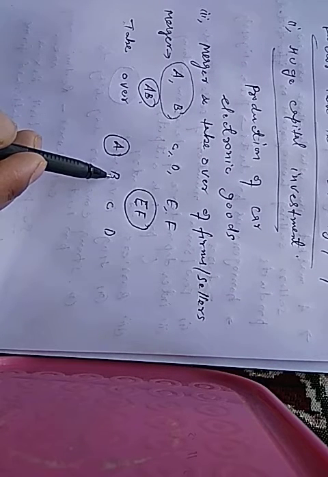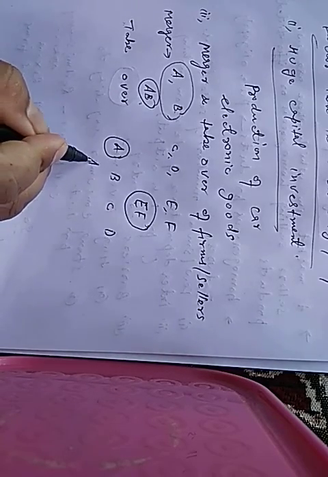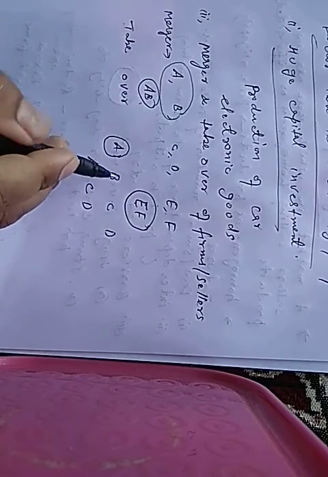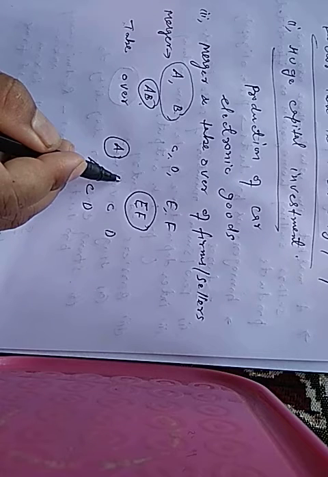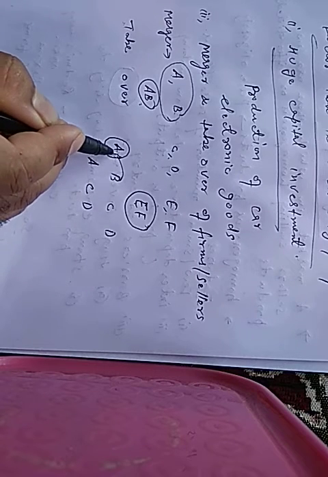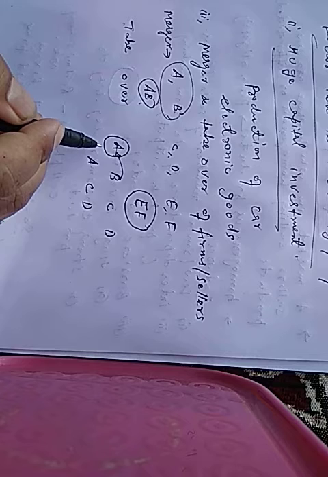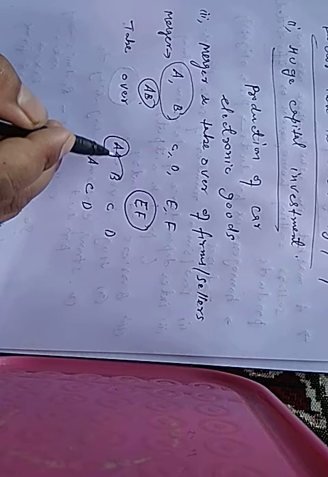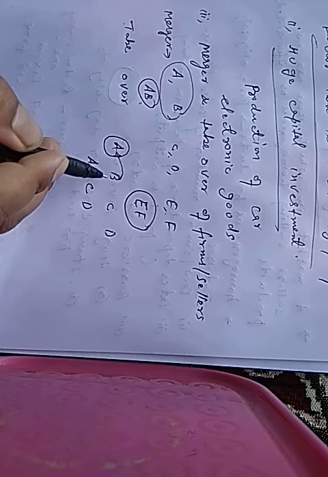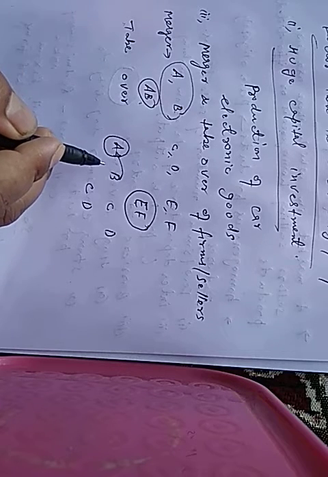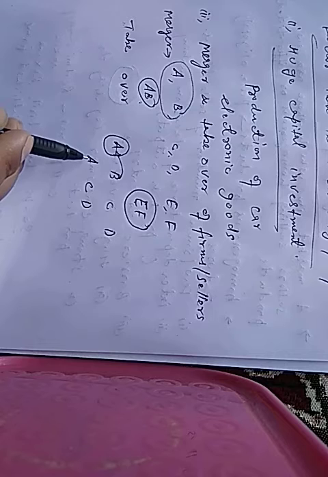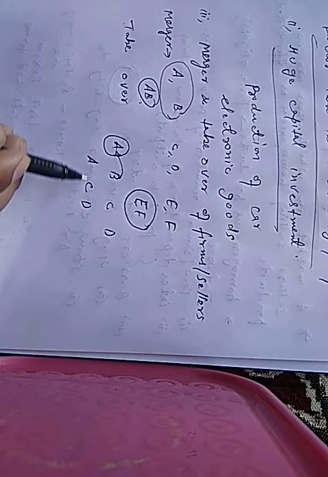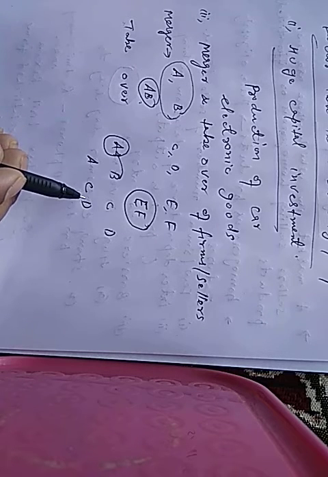Now there remain only 3 firms, 3 sellers, A, C, and D, because B has been taken by A. It has sold all its shares to firm A, and has exited the market, and there remain only 3 sellers, 3 firms.